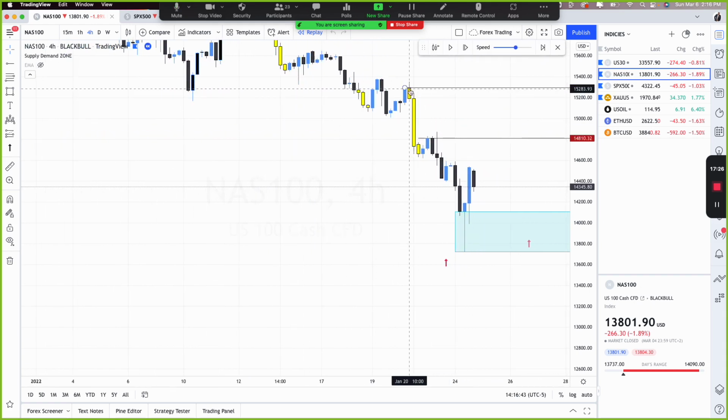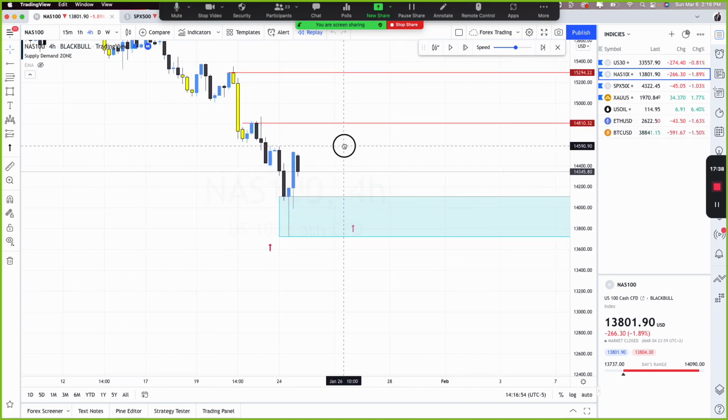Notice where I mark these doubles. I need to come up with a name for those. These double pairs. Notice where I mark these double pairs. Notice where I mark this area of demand.